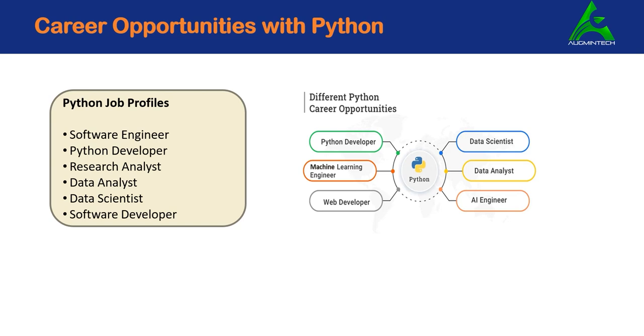And then he can also be an AI engineer, that is, an artificial intelligence engineer. That is something very high level that requires lots and lots of knowledge and practical implementation in machine learning and its related disciplines.